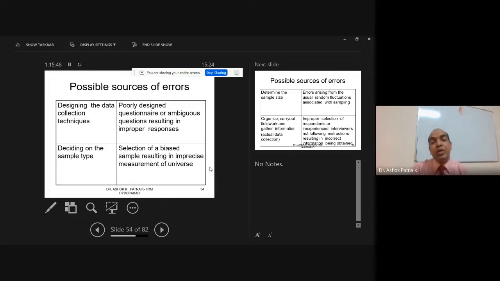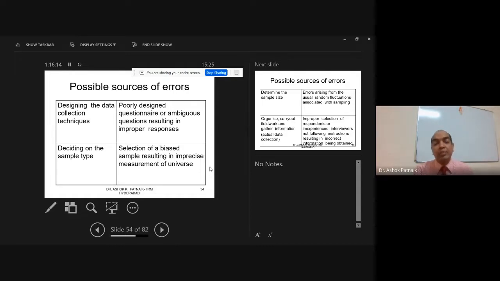Another one is poorly designed questionnaires leading to ambiguous questions, like questions which, as I told you before, have no meaning or no relationship with the research. In that case, improper responses put into the analysis will lead to errors. That is called a designing error, research questionnaire designing or collection errors, what we call.